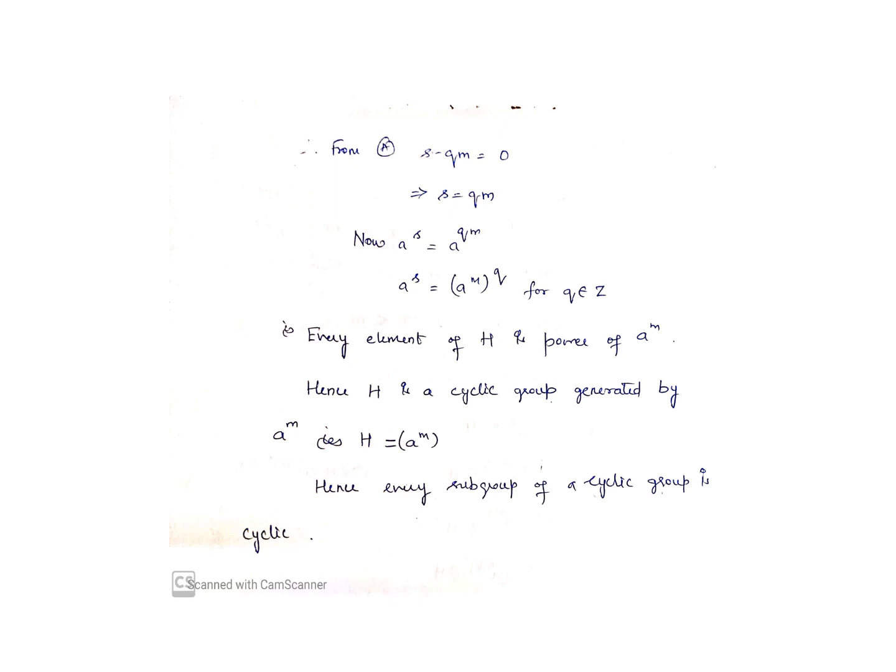Therefore, a power s is equal to a power m the whole power q, for q an element in Z. That is, every element of H is a power of a power m. Hence, we proved that H is a cyclic subgroup generated by a power m. That is, H is equal to ⟨a power m⟩. Hence, every subgroup of a cyclic group is cyclic.